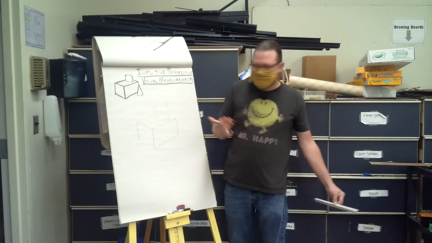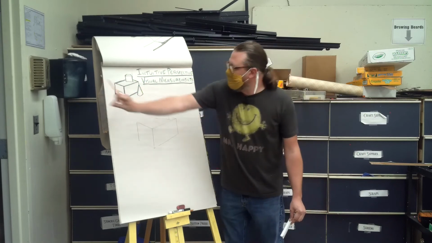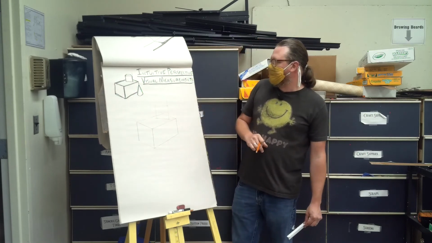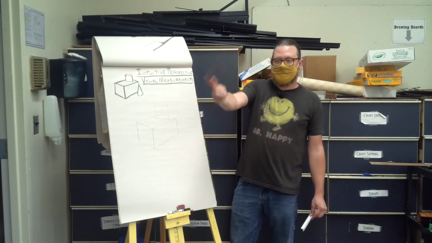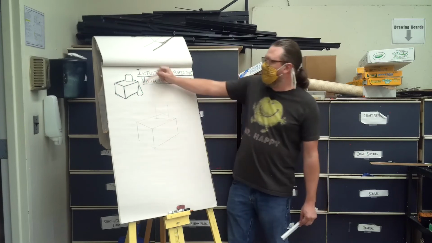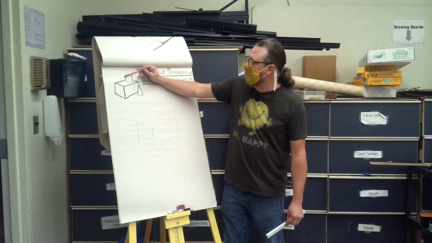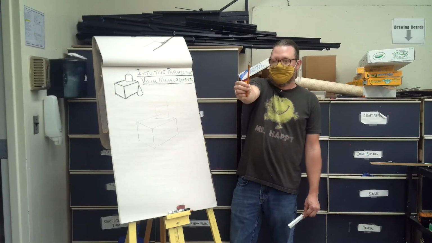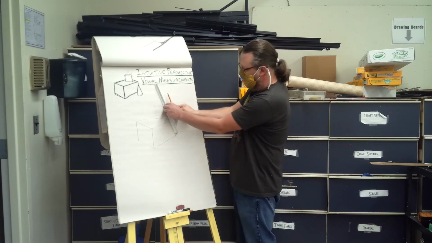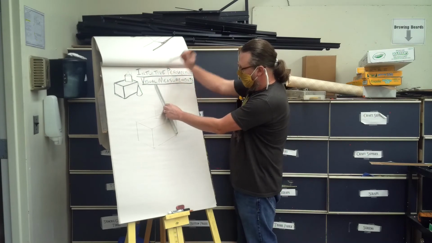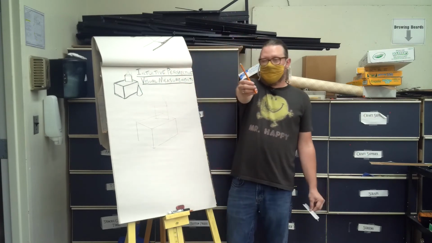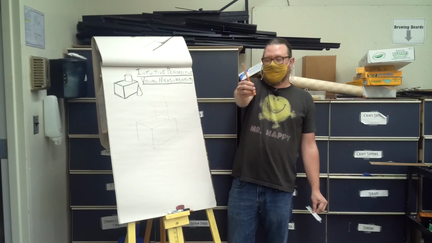Well, I look at that, and I'm like, yep, those two lines would eventually meet at a point somewhere. And then I can only see the top of this box. So I'm going to get this angle and this angle. Just pulling up because I don't know exactly how long I need it to be.